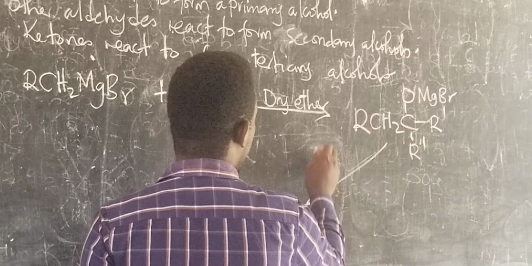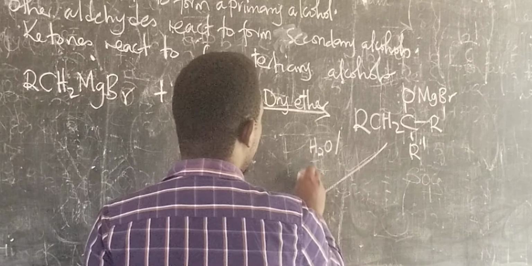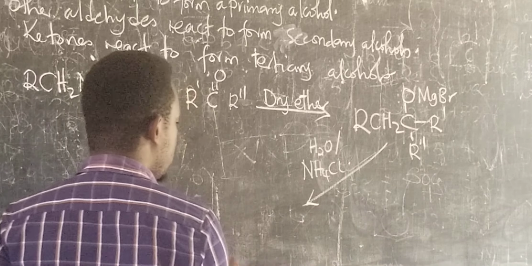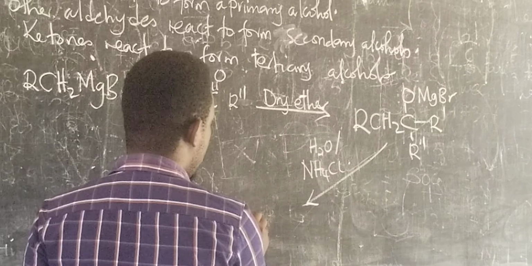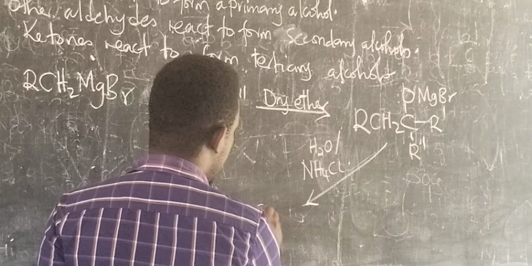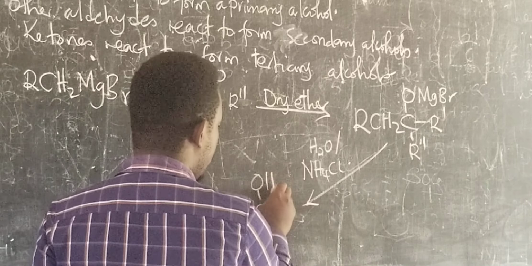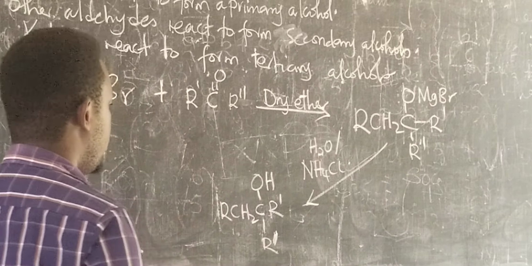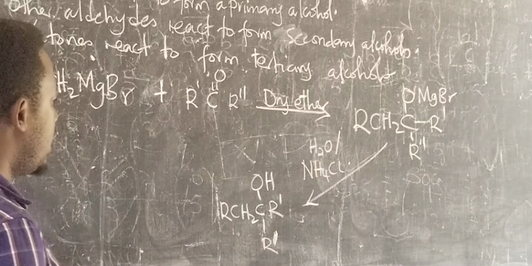So we are hydrolyzing in presence of ammonium chloride. That will lead to the formation of RCH2, then C, R prime, then OH, then R double prime. So that's what we have right here.